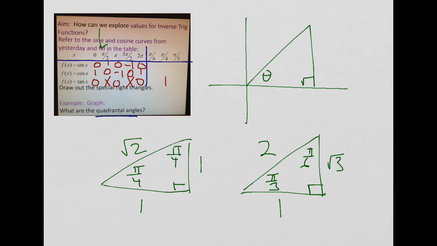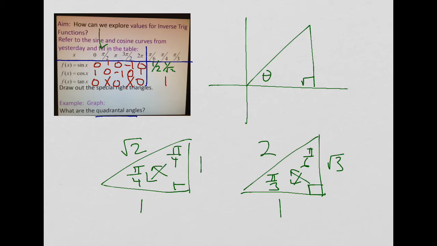Okay, so sine, SOHCAHTOA. Sine is opposite over hypotenuse, so sine of pi over 6 is opposite over hypotenuse. It becomes 1/2. Sine of pi over 4, opposite over hypotenuse, becomes 1 over radical 2.